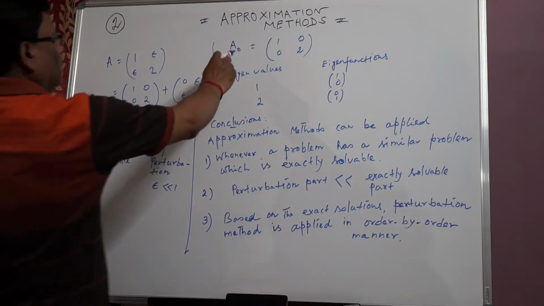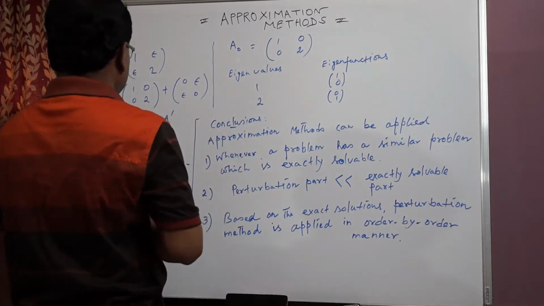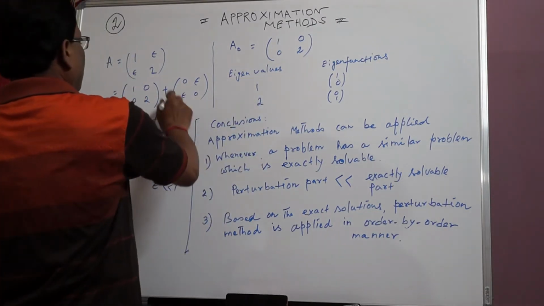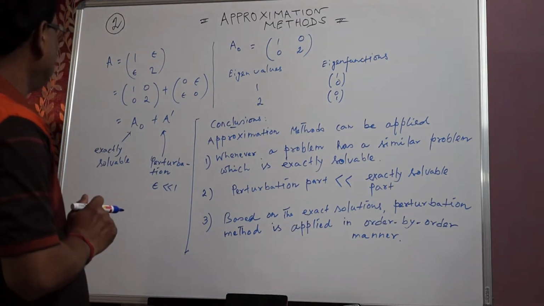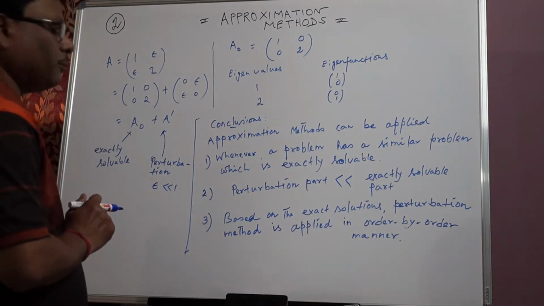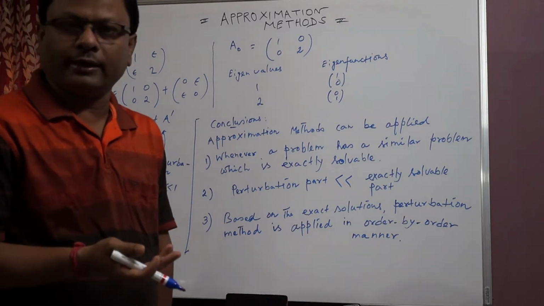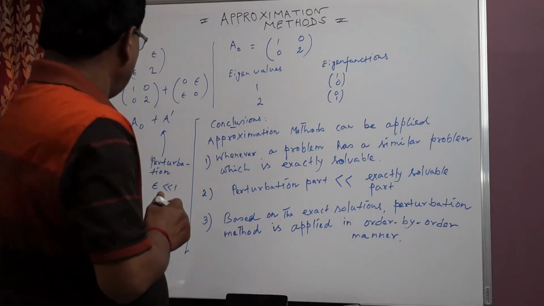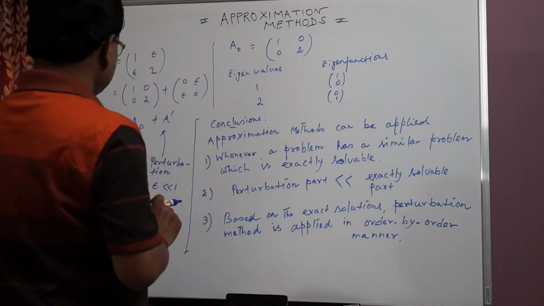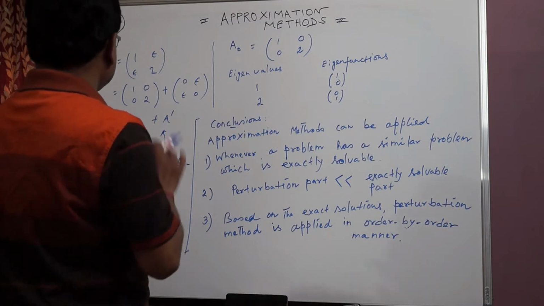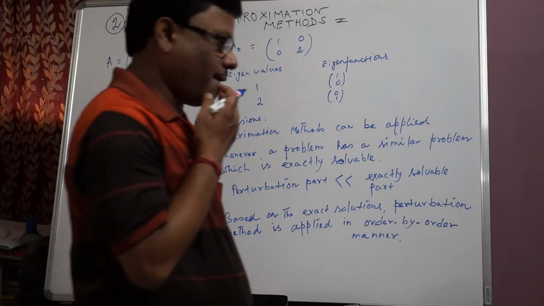You know, this matrix has eigenvalues 1 and 2, and A prime can be considered as perturbation provided the off diagonal part epsilon is much smaller than 1. So in that case, we can apply the perturbation method since A0 is exactly solvable.